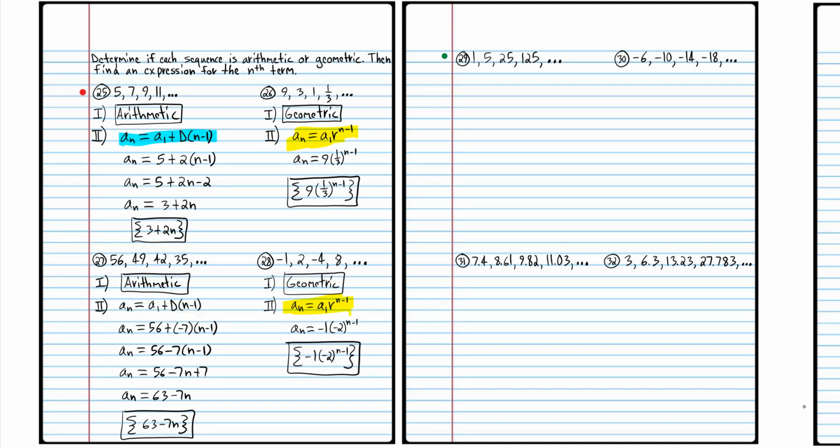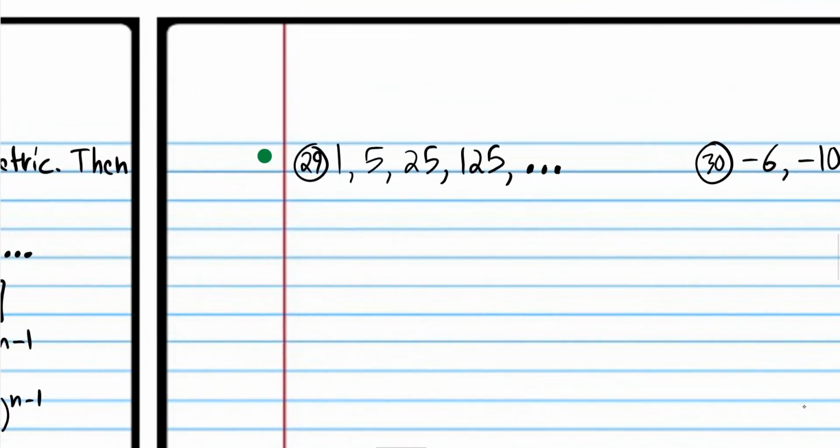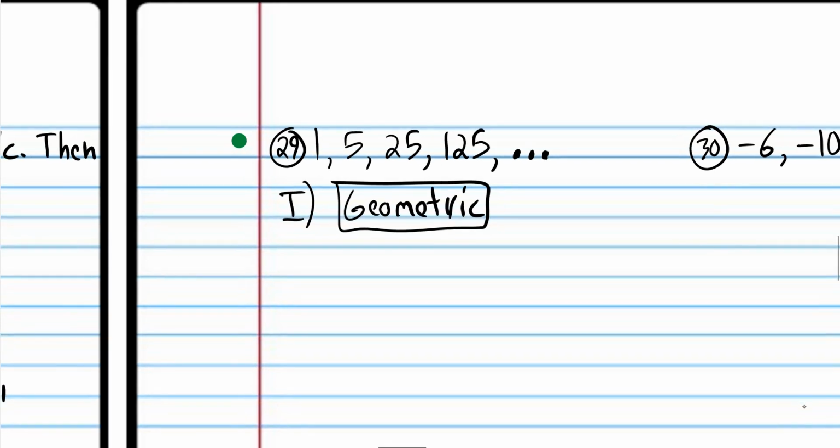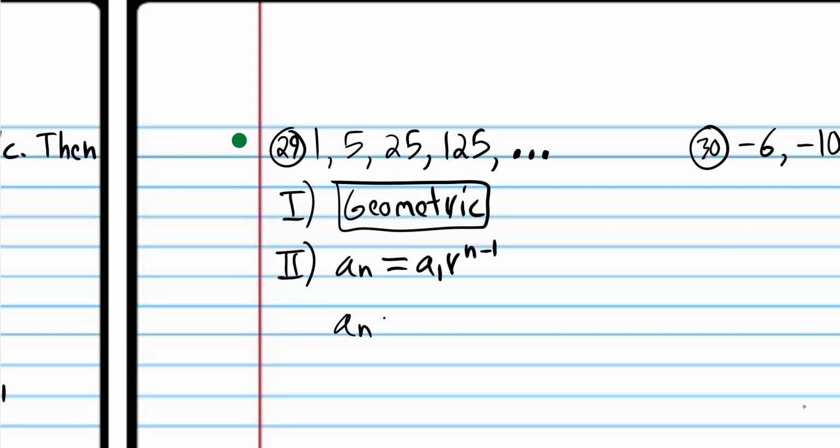Alright, we're back. So this is a geometric sequence. And the nth term is given by this equation here. The first term is 1. The common ratio looks to be 5.